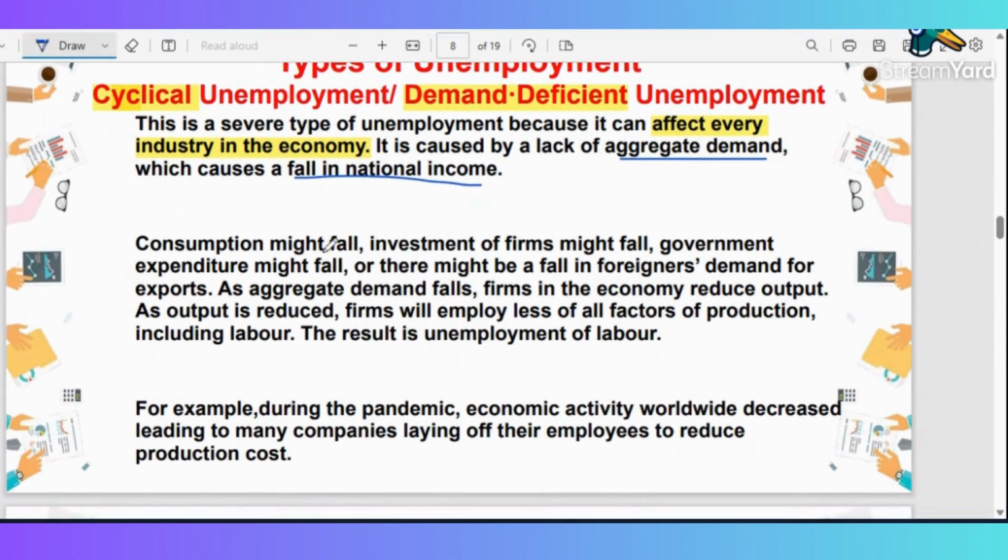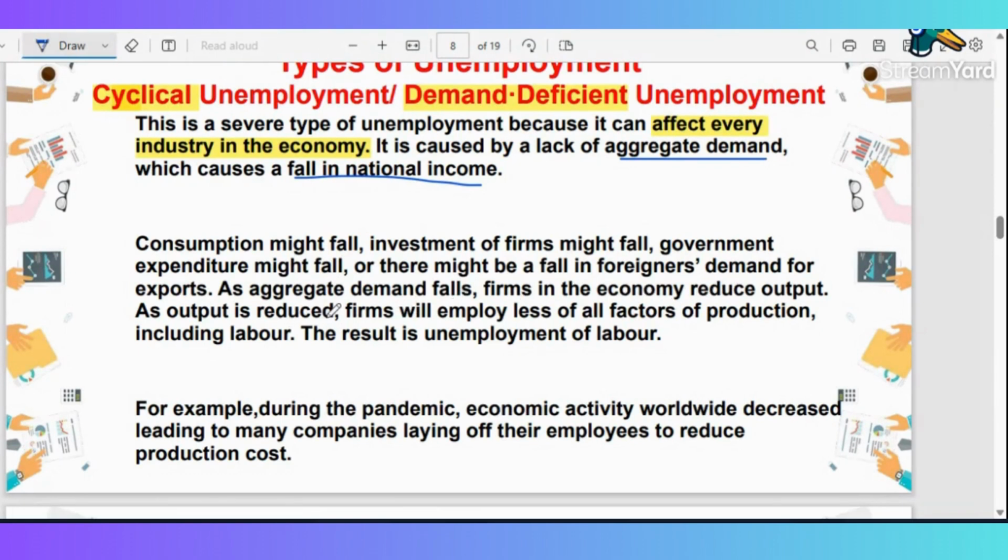Now, consumption might fall, right? Investment of firms might fall, the government expenditure might fall, or there might be a fall in foreigners' demand for exports. When aggregate demand falls, the firms in the economy reduce the output.